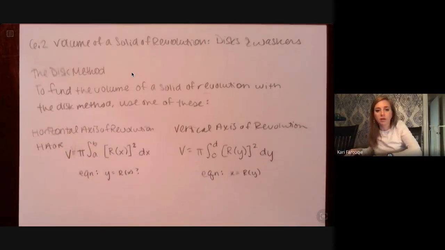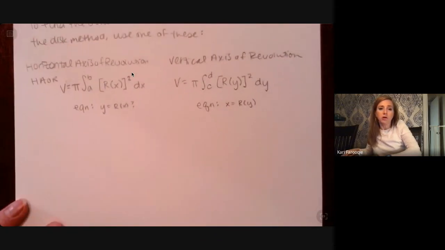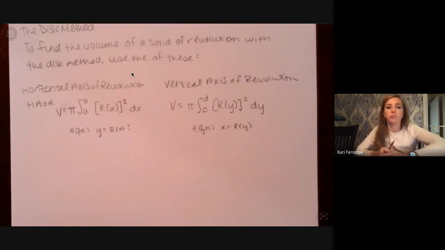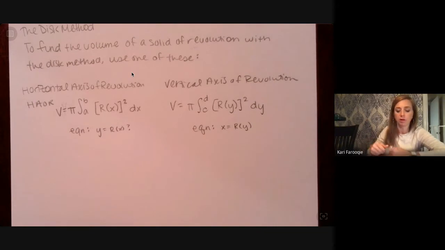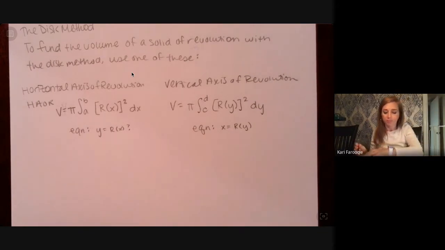The hardest part about any of these volume things in 6.2 is just making sure that you find the correct radius. So that's really what I'm going to be focusing on here. And that's where the setup is going to be huge for you. I'm not worried about can you integrate? I'm worried about can you set it up properly? That's going to be the trick.